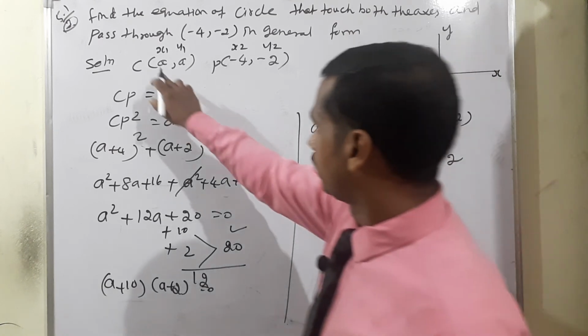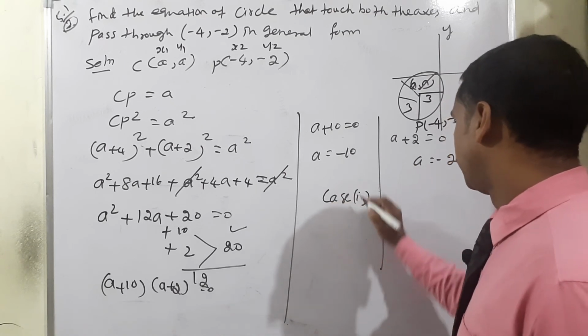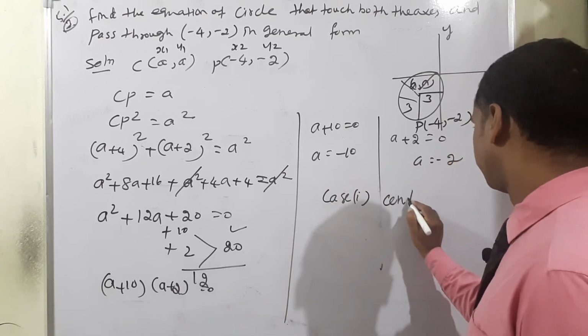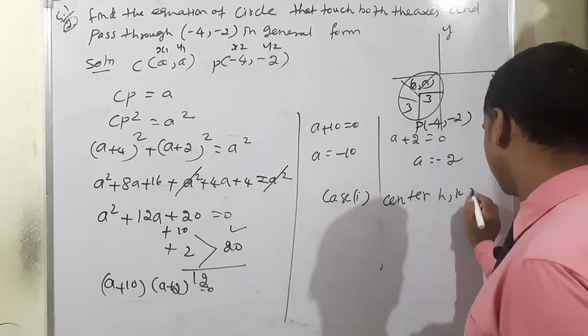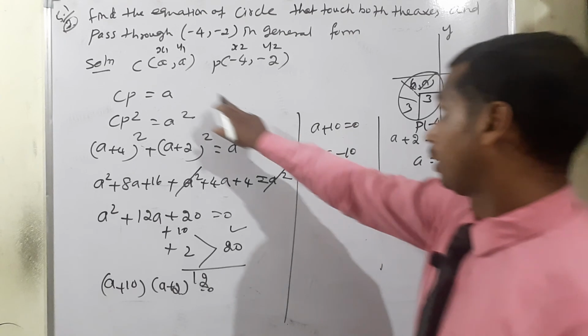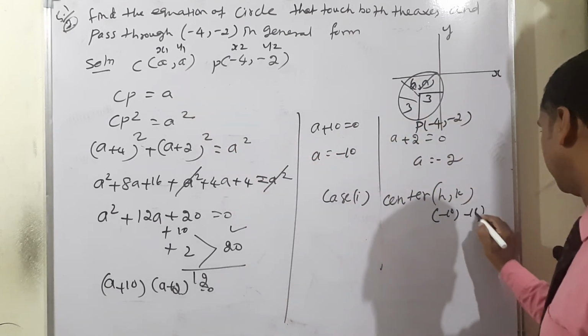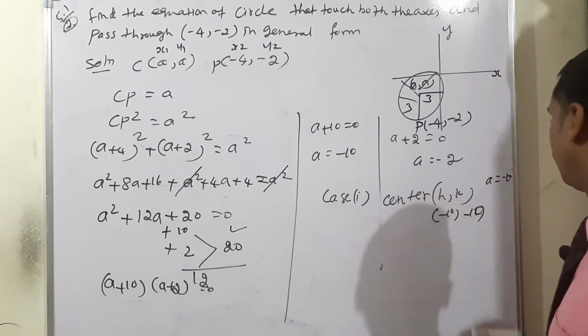Consider the center (a, a), case number 1. The center (h, k): what is the value of h, k? Consider (a, a), so the center is definitely (-10, -10), and the value of a is also minus 10.